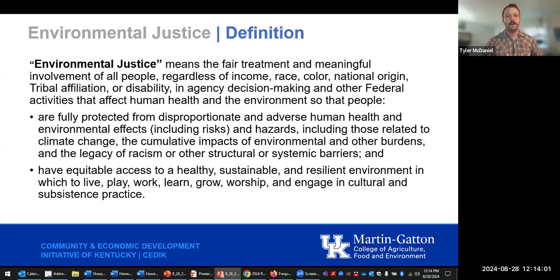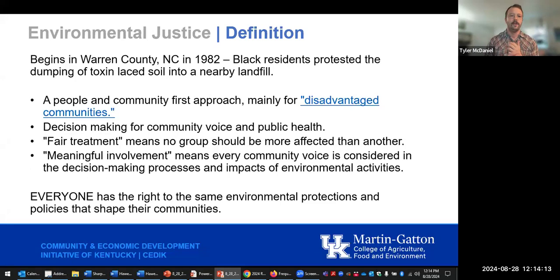But without reading you that whole definition, to really start to break down some of the core components and talk about where environmental justice comes from, we'll ground into this idea that environmental justice as a movement began in Warren County, North Carolina in 1982.